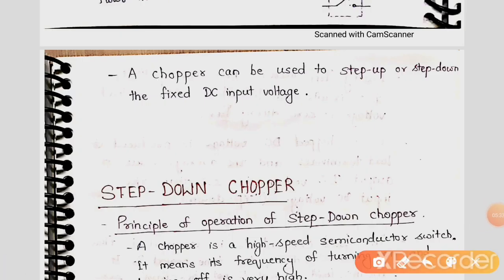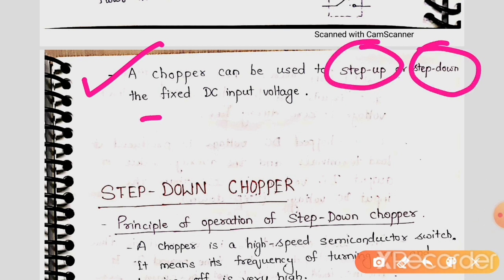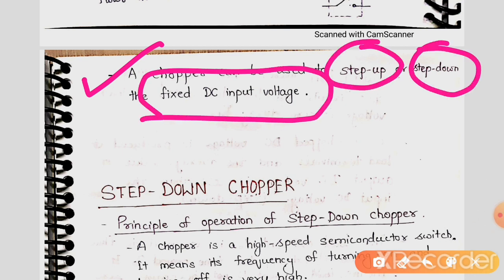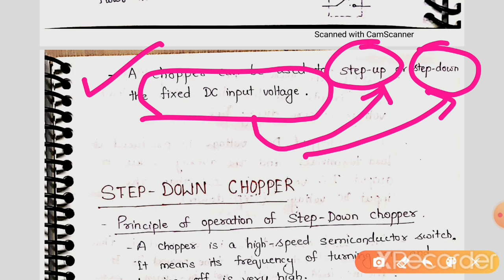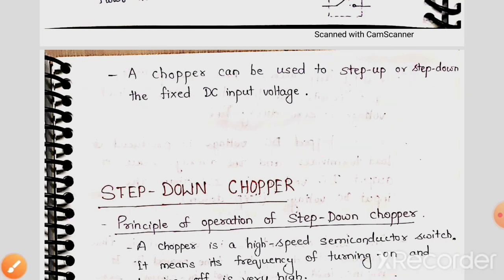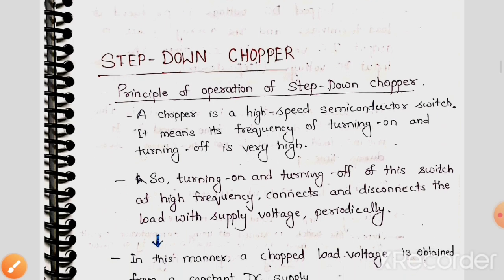A chopper circuit can be used for either stepping up or stepping down the fixed DC voltage given as input. Based on this, choppers are classified into two types: step up chopper and step down chopper. First we'll see the step down chopper and its principle of operation.